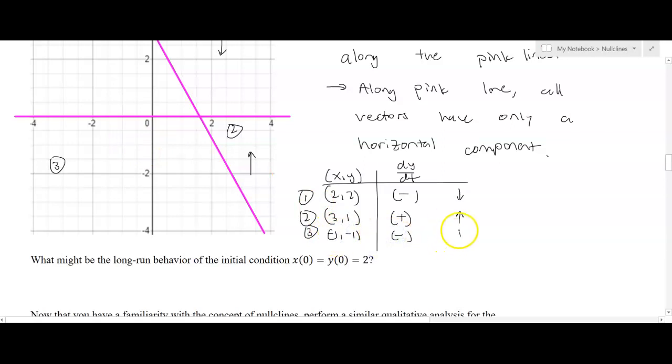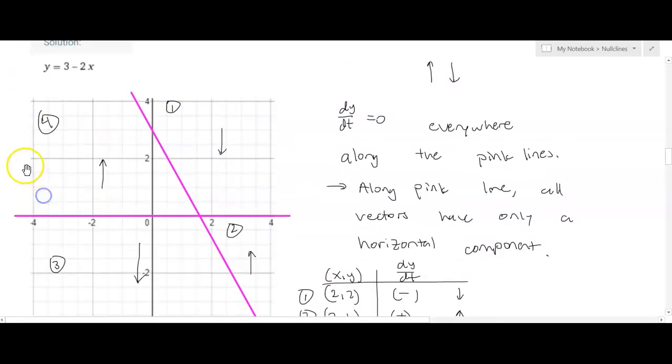I've worked this out already. And so that means all the vectors in region 3, which, by the way, is everything below these two nullclines, point down. In region 4, I could pick, let's say, (-1, 1). Or I could even pick (0, 1). (0, 1) would be a little bit easier, but I will get a positive value. And all the vectors in this region will be pointing up.